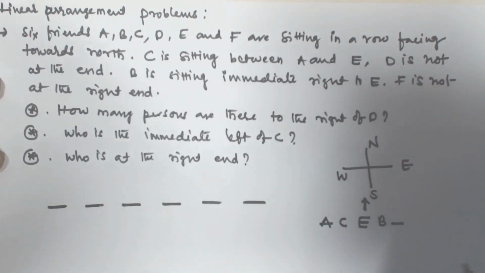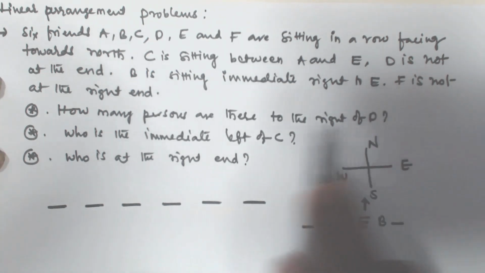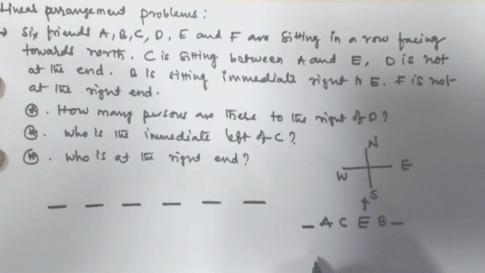So here is one position and here is one position, right? Total 6 friends, so D and F are left. D is not at the end, so the two positions may be on this side or on this side.